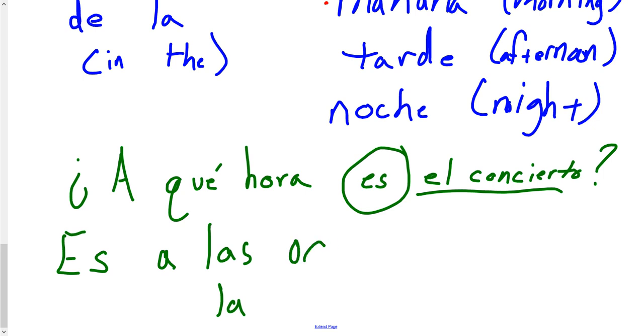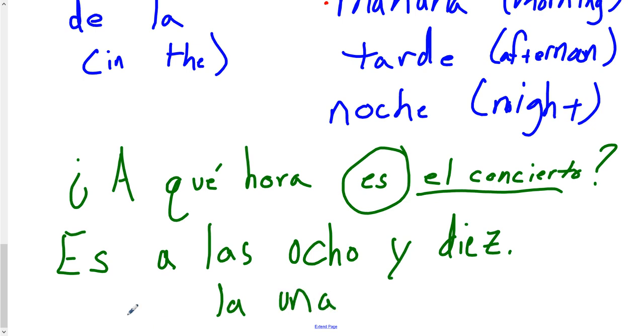Es a las 8:10. It's at 8:10. If I want to say it's at 1:30, es a la 1:30. That's the only difference.